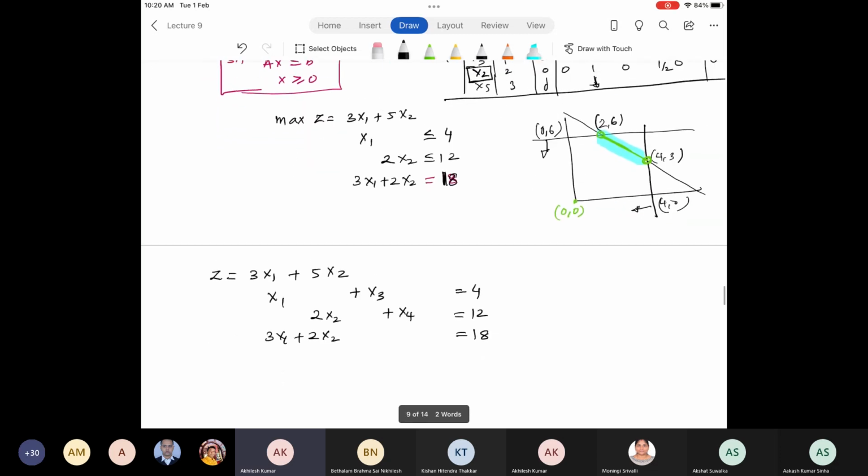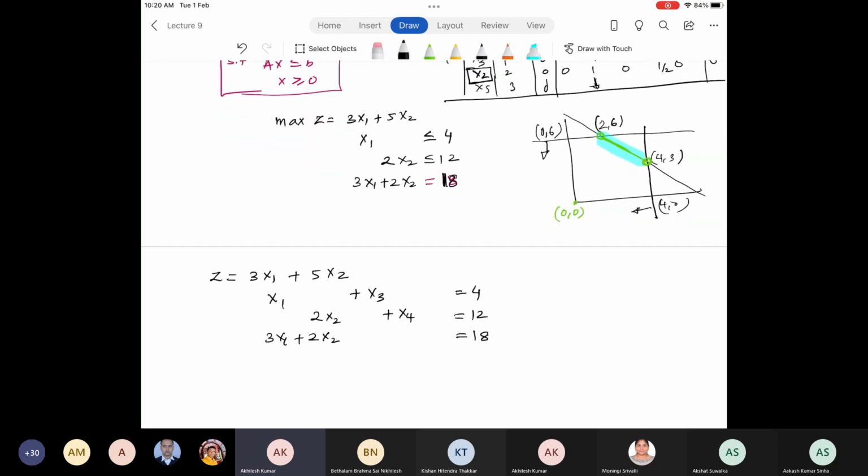So how many equations do I have and how many variables? I have 4 variables now, x1 to x4, which have to be greater than or equal to 0, where x3 and x4 are slack variables. You agree? And I have 3 equations.